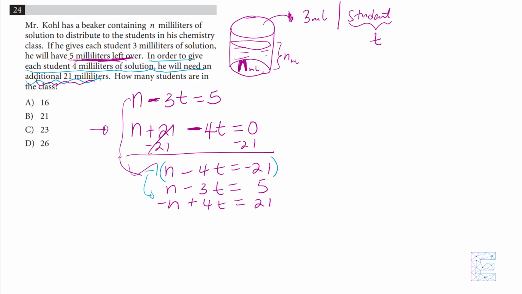And once again, we don't need this top equation anymore. We're focusing on these two new ones. So when you add, n minus n is 0. Negative 3t plus 4t is just t. And 5 plus 21 is 26. So we know that the number of students, which is t, is 26, which makes D the answer to this question.